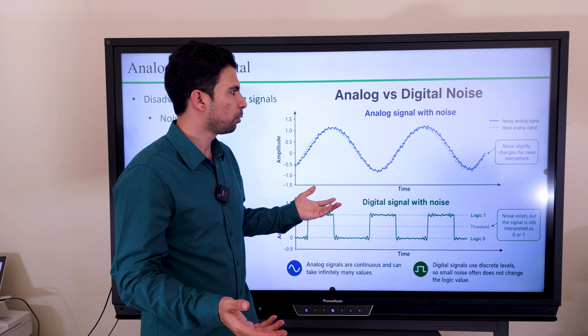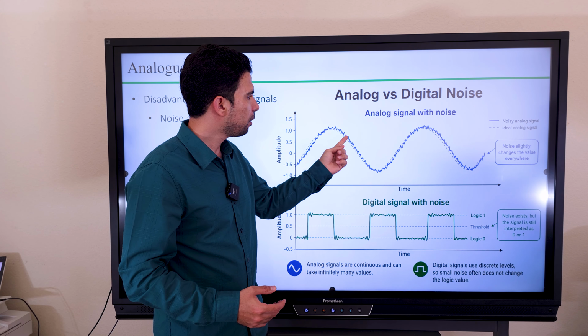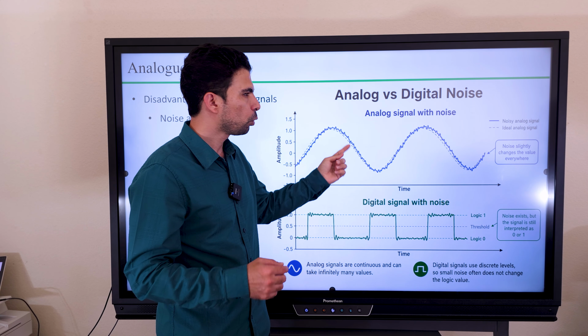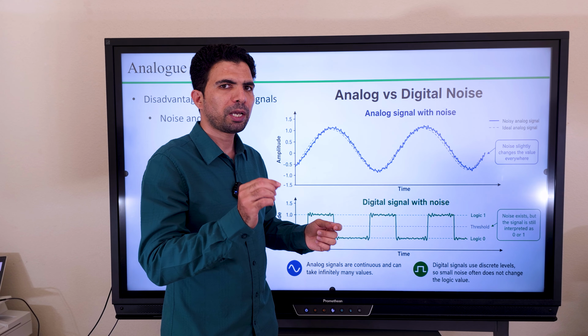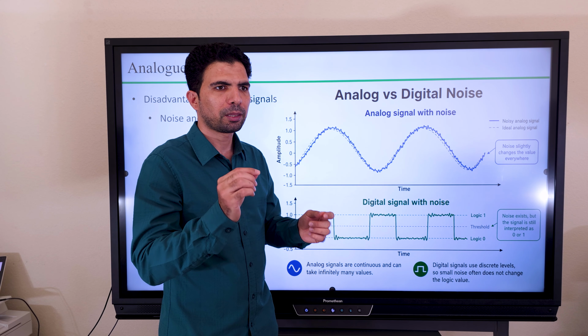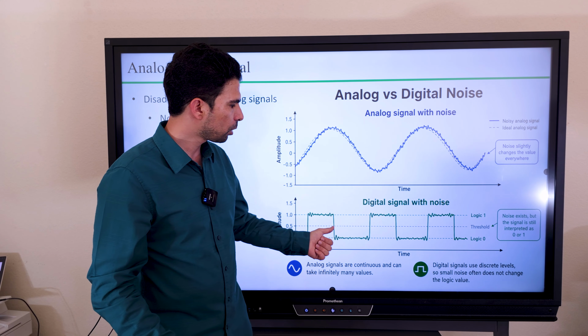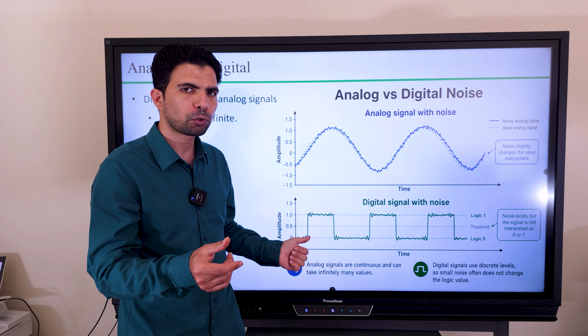So what is the problem with the noise? The problem is that at this value we have another value, not the ideal one. So instead of having, let's say, 3.1, we will have 3.3. That means that the signal changed, right? But for digital, I told you that 1 refers to a range of volts.